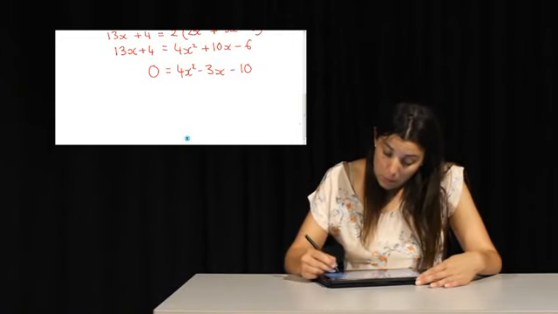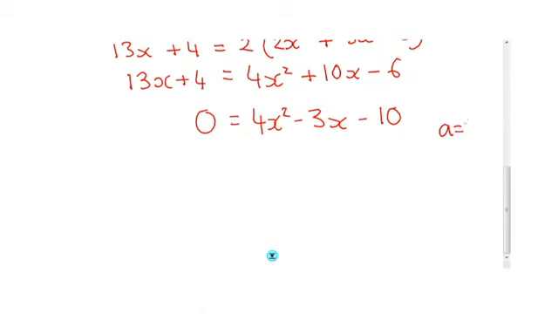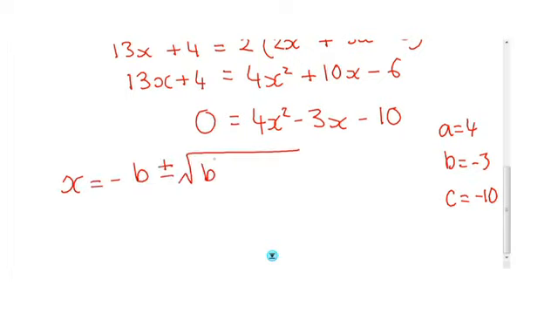So if we were to use the formula, we would have a equals 4, b equals minus 3, and c equals minus 10. In this case, our formula being x equals minus b plus minus the square root of b squared minus 4ac, all divided by 2a.